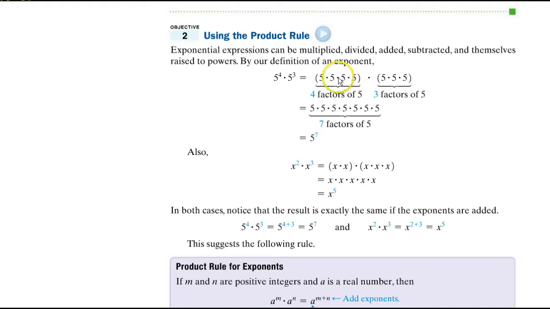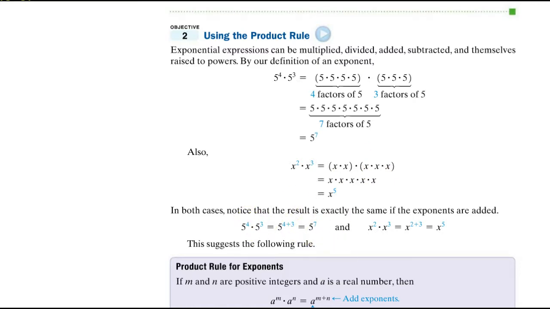So to put this in exponential notation, you're going to end up with 7 of them. So what technique would you use? Well, for the product rule, when our bases are the same and we're multiplying them, we just add our exponents.